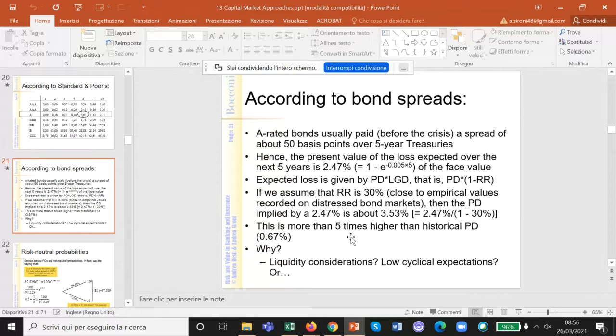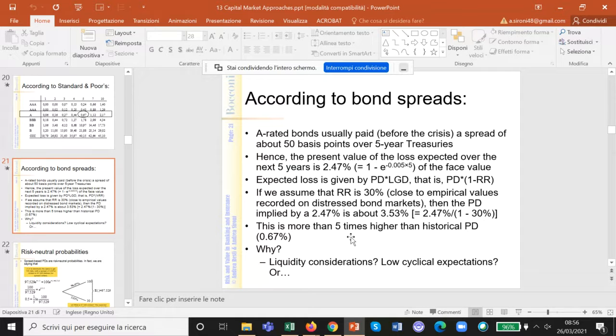For example, they were relatively low before the great financial crisis, then they increased a lot, then they got back down again. But let's say that on average, a single A-rated bond pays approximately 50 basis points above a 5-year treasury. It could be a bit lower, it could be a bit higher, but this is generally the level, and it doesn't really affect the result that I want to show you if we use 40 or 60 basis points.